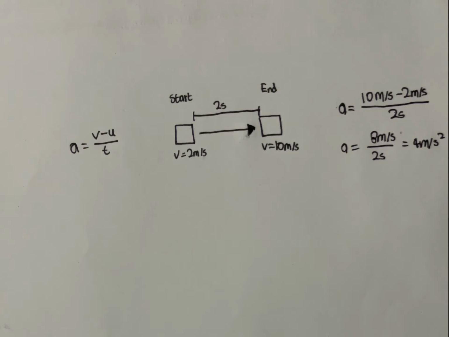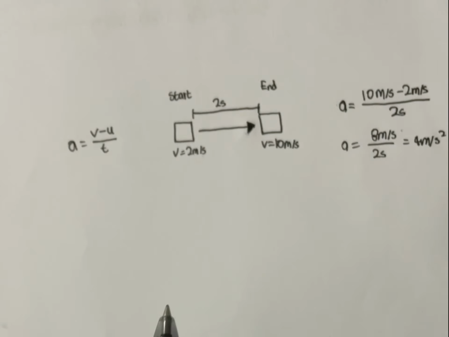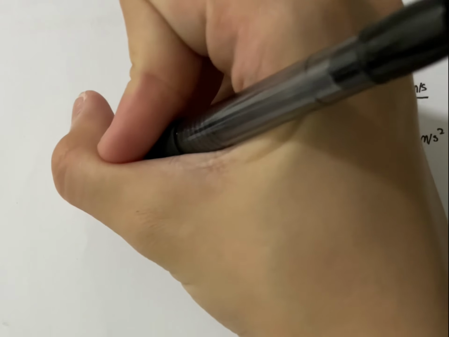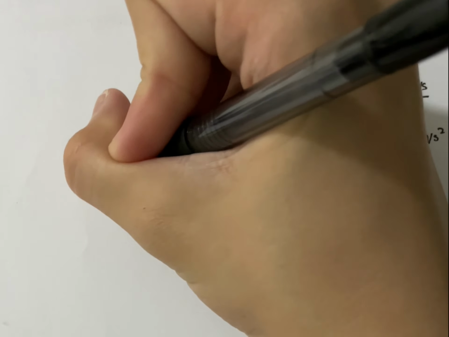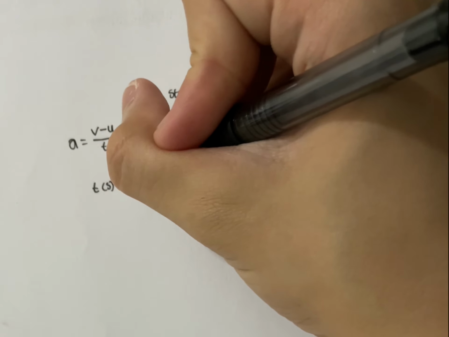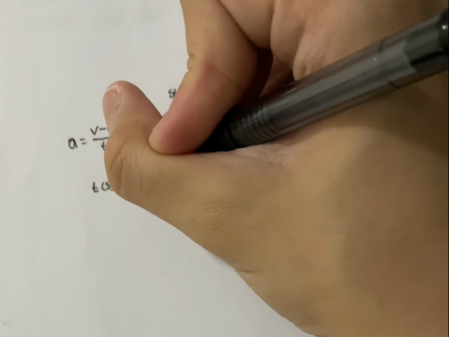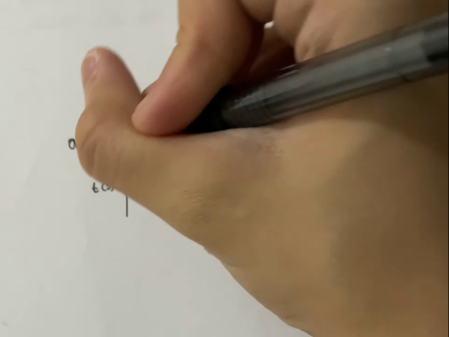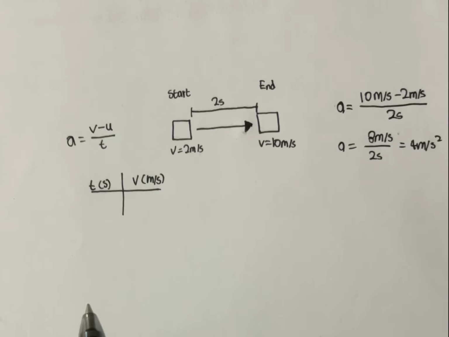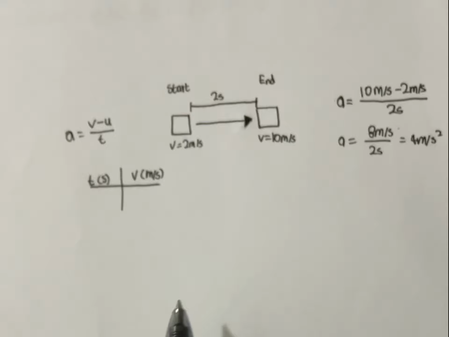Now, recall that this is just how much velocity you gain every second. And in fact, let's plot a little chart of this car as it accelerates. So we have t, which will represent time in seconds, and we have our velocity in meters per second. Okay, very good. Let's draw this. We don't need a big one. All right. So what would our velocity be after 1 second of acceleration?